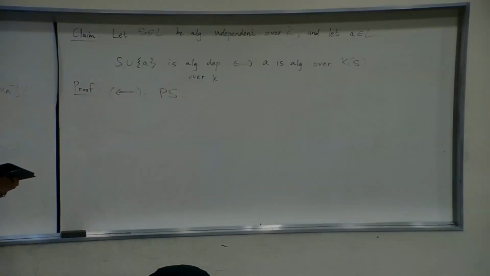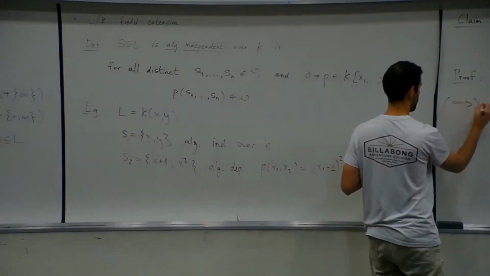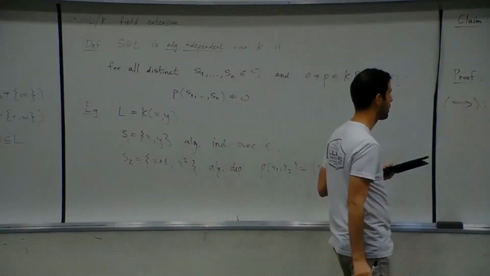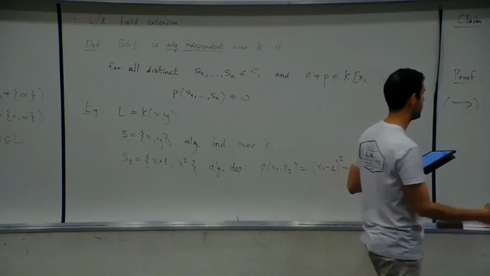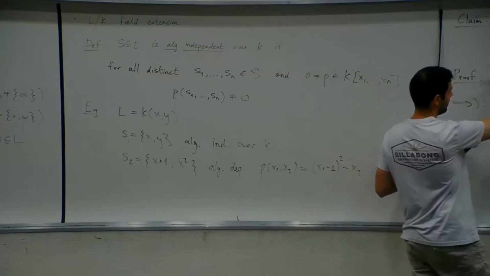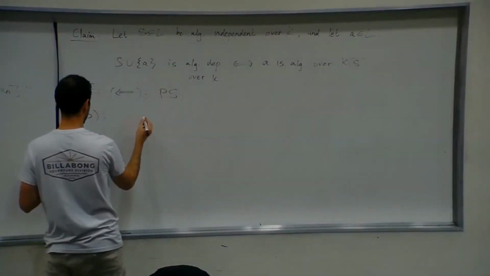I hope you saw that the first problem set is on the website. This is the last question. So let's show this direction. Suppose that S union {A} is algebraically dependent. Then what can we say?